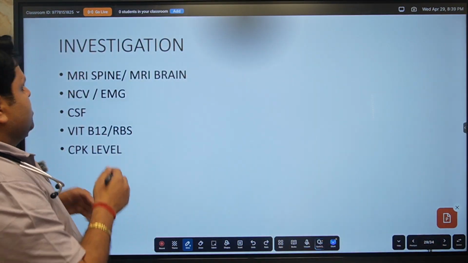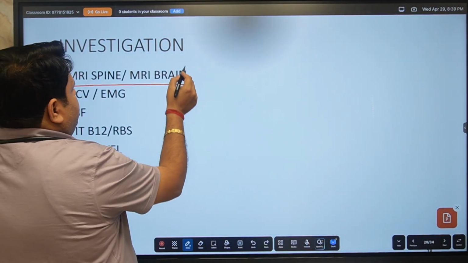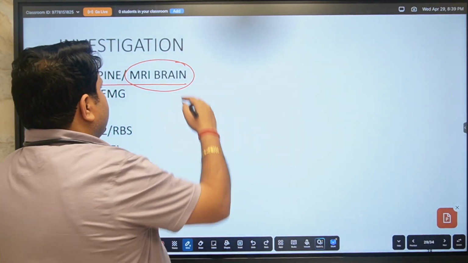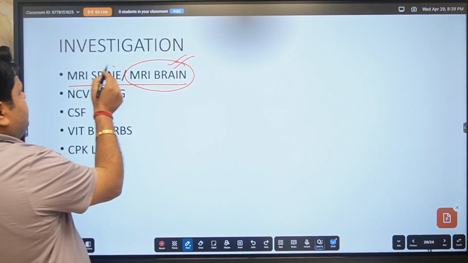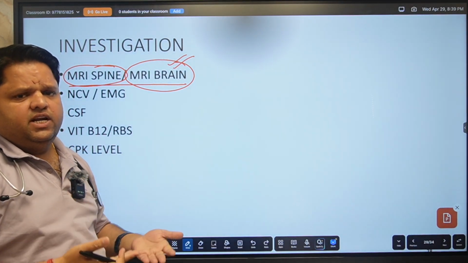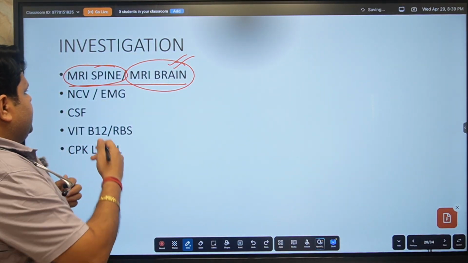Now, investigation basically depends on the cause, like MRI spine and MRI brain. If we suspect a cortical lesion, with features like headache, vomiting, seizure, we may first go for MRI brain. If there is a lesion in the spine, and we find a definite motor level, sensory level, or reflex level on examination, then we may directly go to MRI spine.